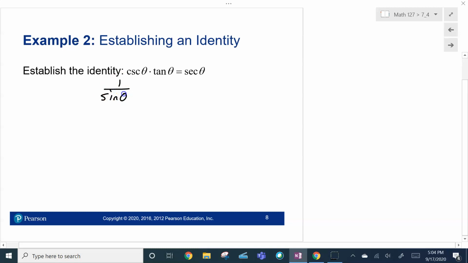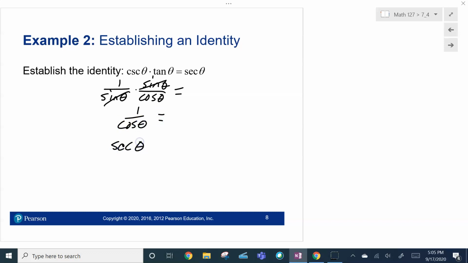So this is 1 over sine theta times the tangent, which is sine over cosine. And I'm only working with this left-hand side. I'm trying to show it's equal to secant. Notice those cancel. This one's real easy. I've just got 1 over cosine, which we know is the secant. So secant theta equals secant theta. Done. Just established that identity.